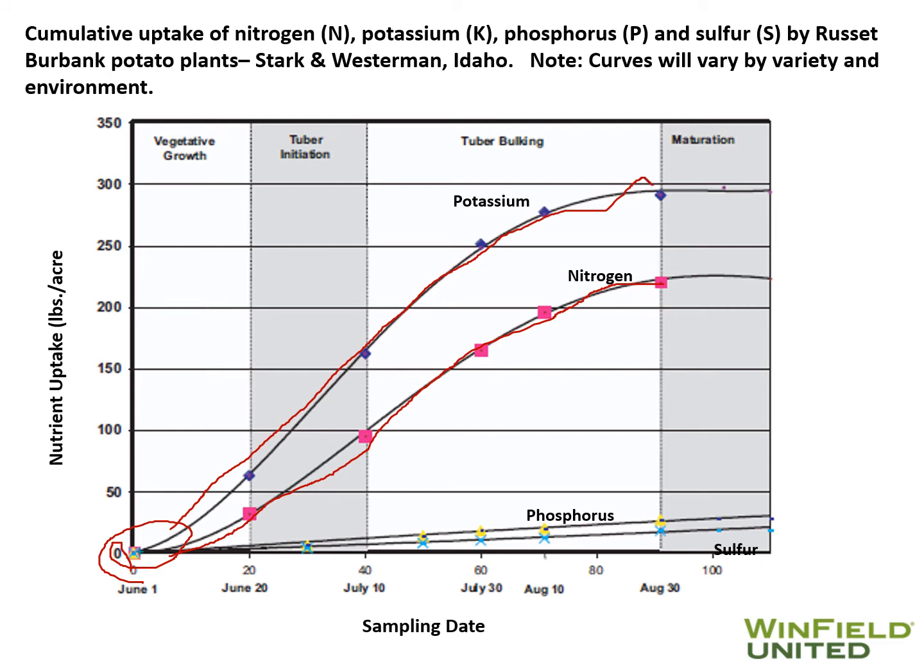Across the top here you have your vegetative stage, your tuber initiation, tuber bulking, and maturation. Your phosphorus on the other hand is pretty stable. It does go up, but it doesn't take as sharp an increase as the other two nutrients do. So not only does it need to be in a critical range, it needs to be different at different time periods during the growth stage and during the maturation of that plant.